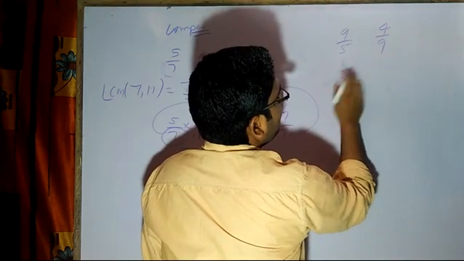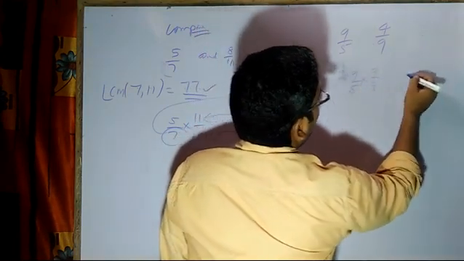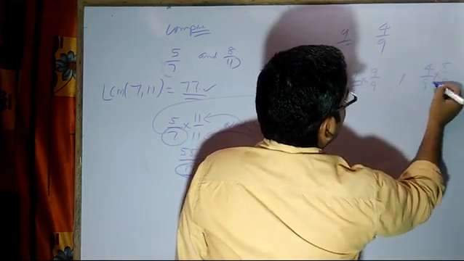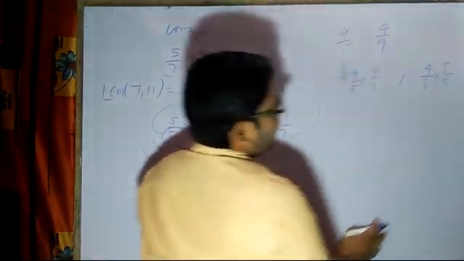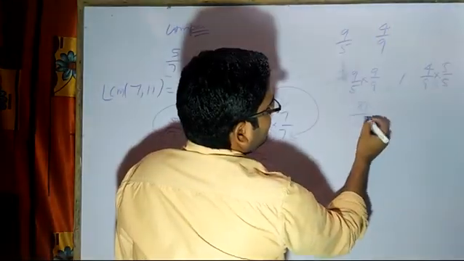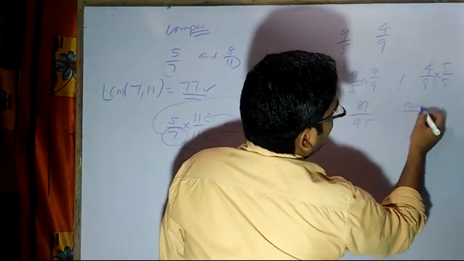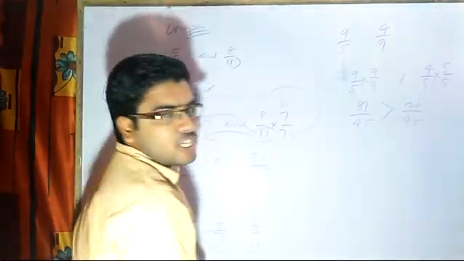I will simply write 9/5 multiplied by 9 over 9 and 4/9 multiplied by 5 over 5. Yes or no? So 9 nines are 81 upon 45, and this will be 4 fives are 20 upon 9 fives are 45. Now which number is greater? So in this way we will solve.